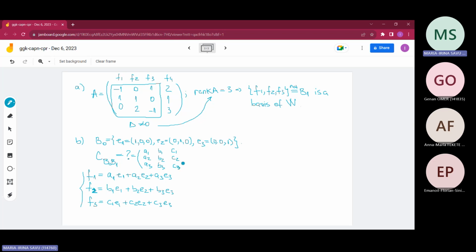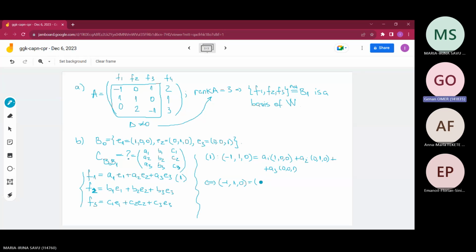I will start making the computations to show that there is no need to make any type of computations here. So let's take a look at F1. You have that F1, which is (-1, 1, 0), must be written as A1 times (1, 0, 0) plus A2 times (0, 1, 0) plus A3 times (0, 0, 1).